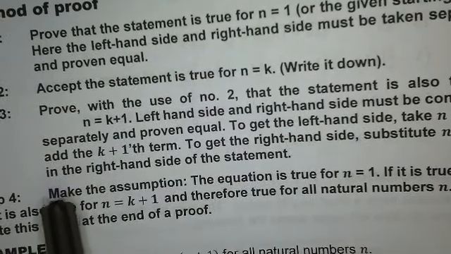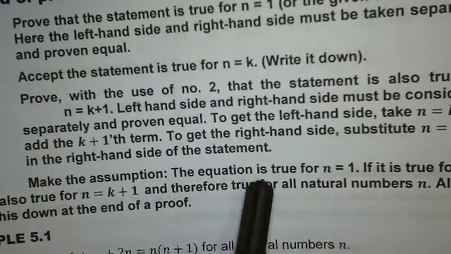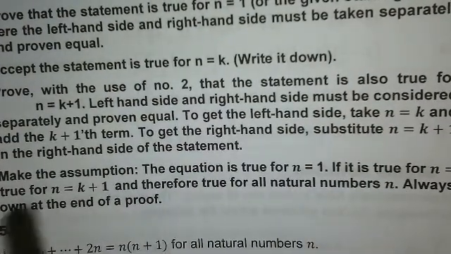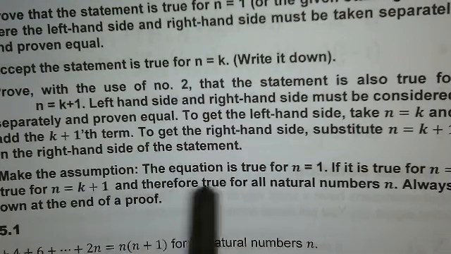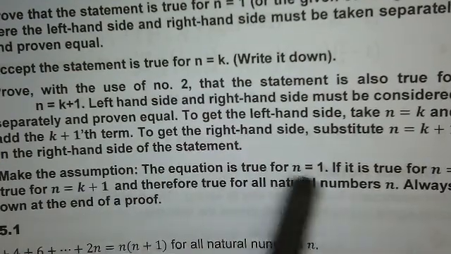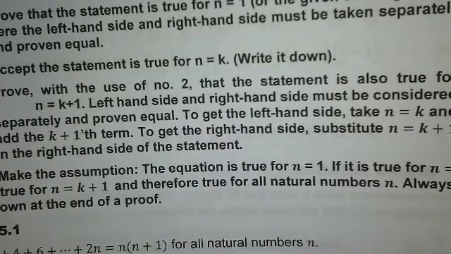And thereafter, you write down the sentence. The equation is true for n equals 1. If it's true for n equals k, it will also be true for n equals k plus 1, and therefore true for all natural values of n. So you get a mark for that. That will be for all your mathematical induction sums.